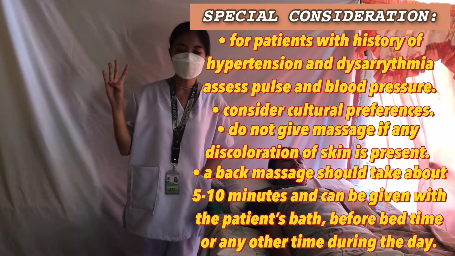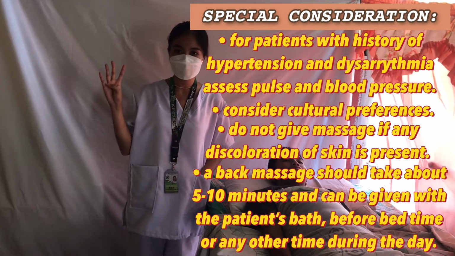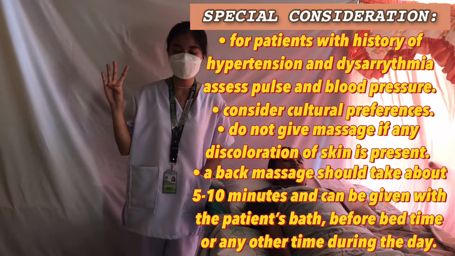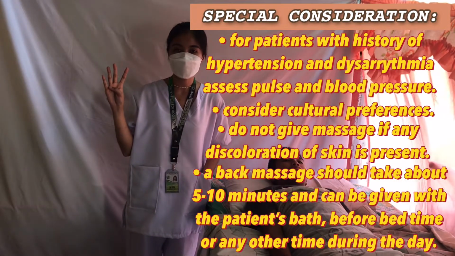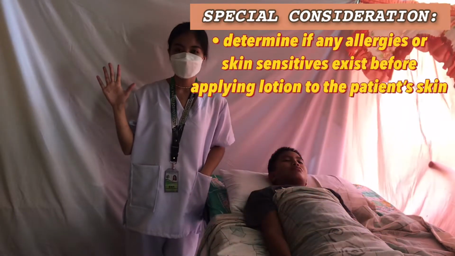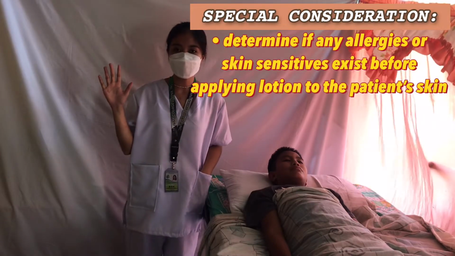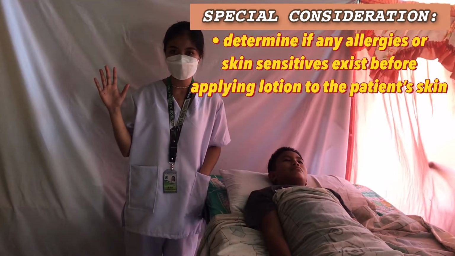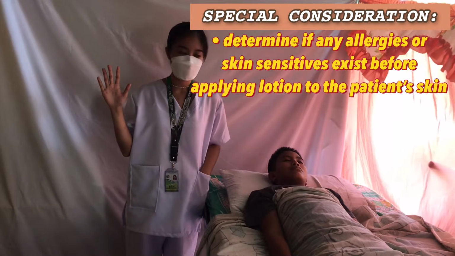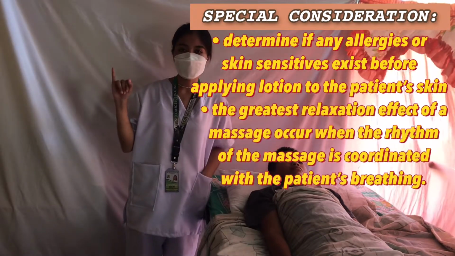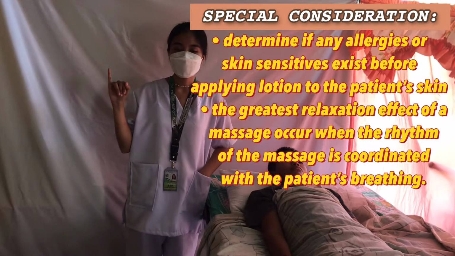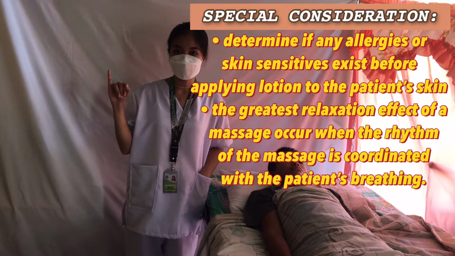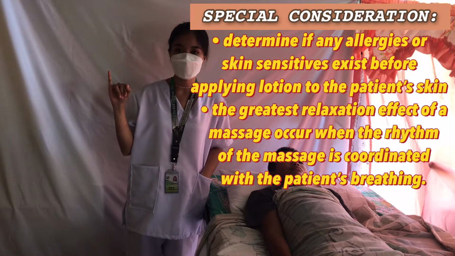Fourth, a back massage should take about 5 to 10 minutes and can be given with the patient's bath before bedtime or any other time during the day. Fifth, determine if any allergies or skin sensitivities exist before applying lotion to the patient's skin. And lastly, the greatest relaxation effect of a massage occurs when the rhythm of the massage is coordinated with the patient's breathing.